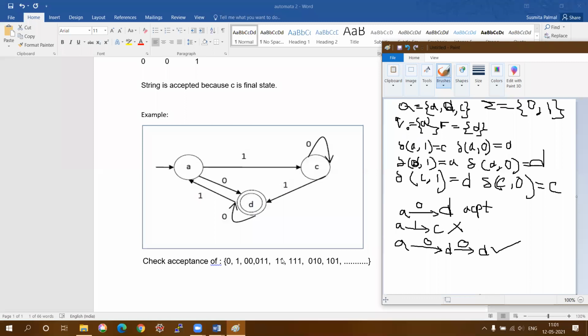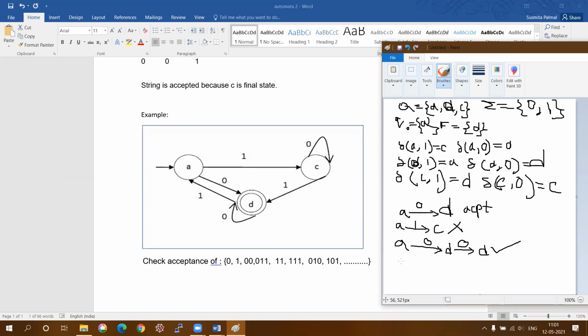Next, take another arbitrary string. There are so many strings, you can take any one of these. Let's take 0, 1, 0.